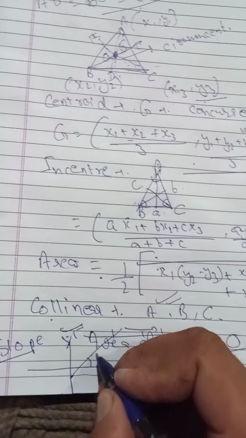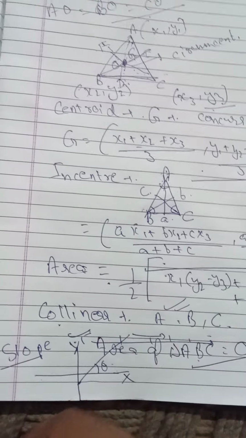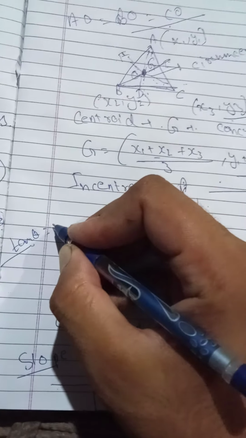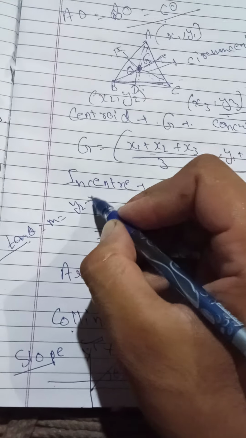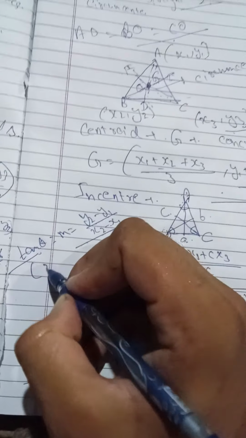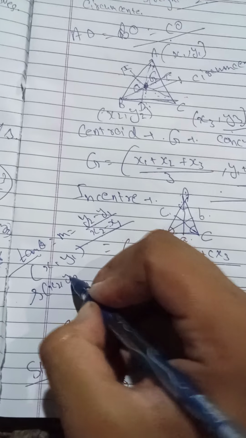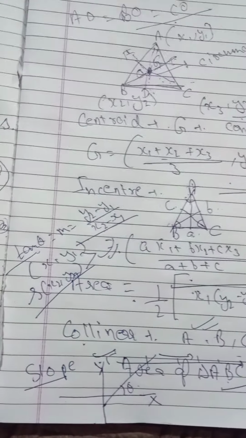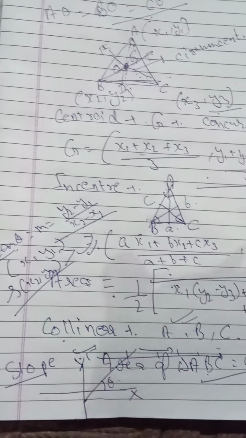The angle made by the line with the positive direction of the x-axis is denoted by theta, and tan theta is called its slope, denoted by m, and this will be equal to y2 minus y1 upon x2 minus x1, where x1, y1 and x2, y2 are two points on that line. So if two points of a line are given, we can find its slope.